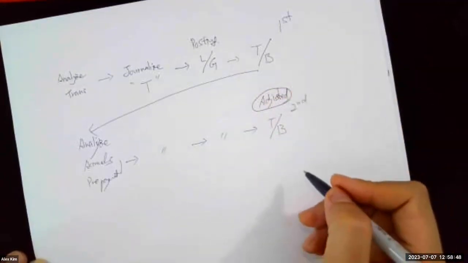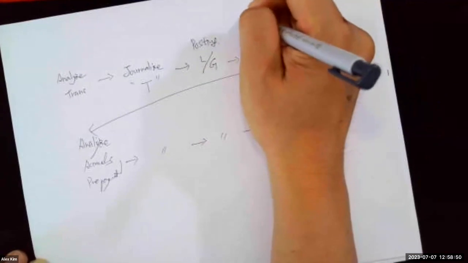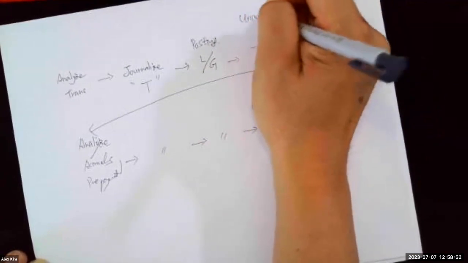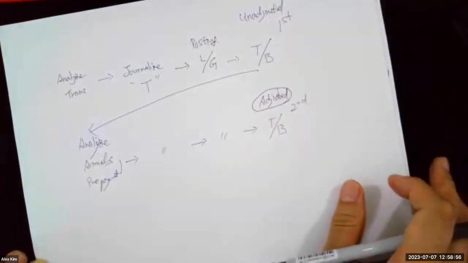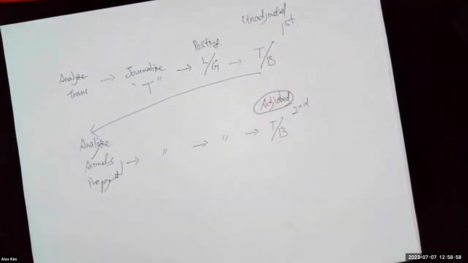Adjusted trial balance. Once we have an adjusted trial balance full of the numbers the company has, then that's accurate enough, that's reliable enough now.